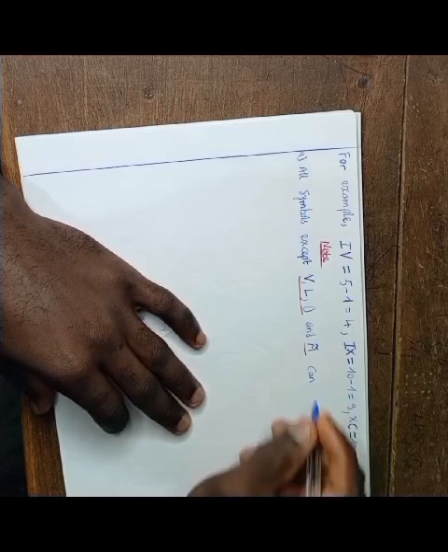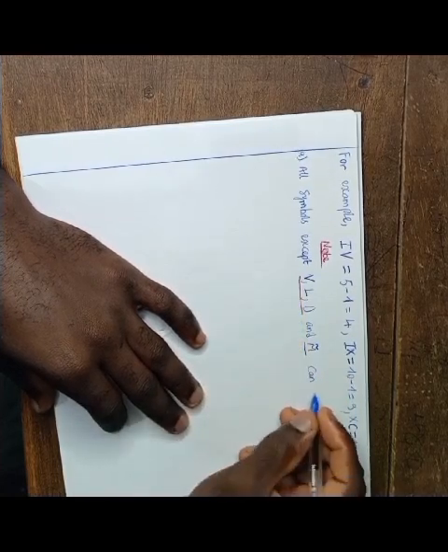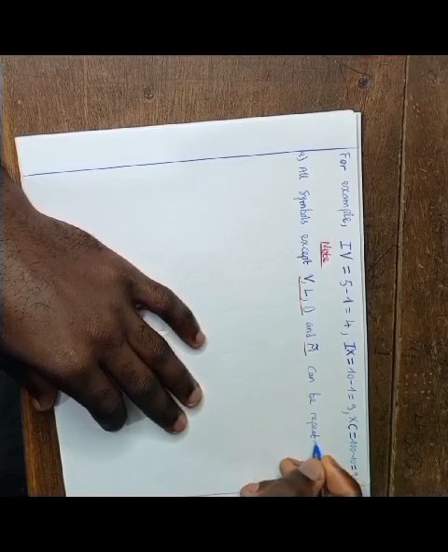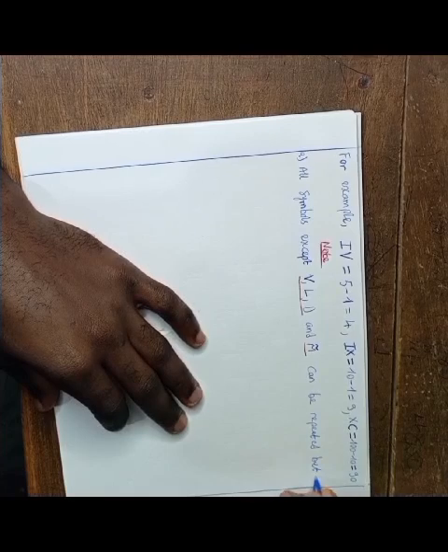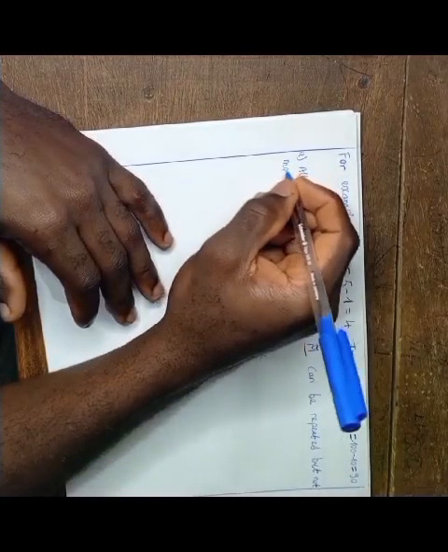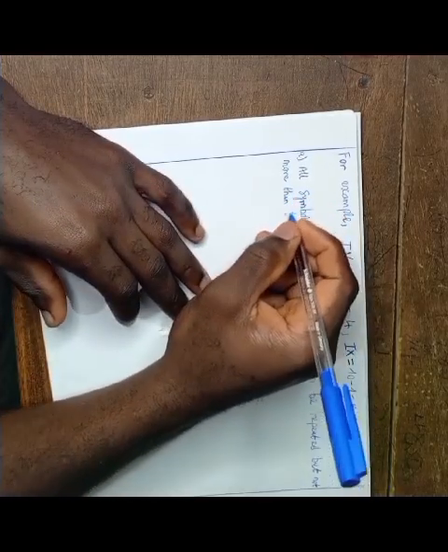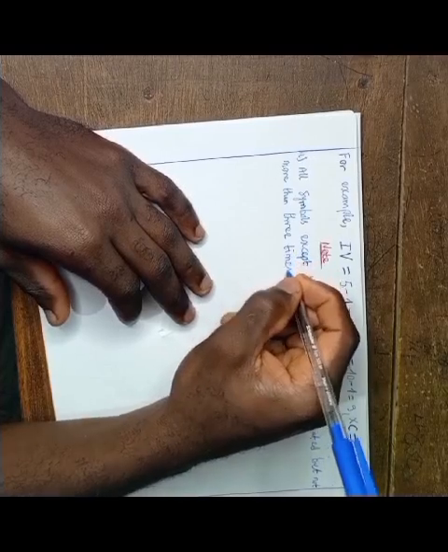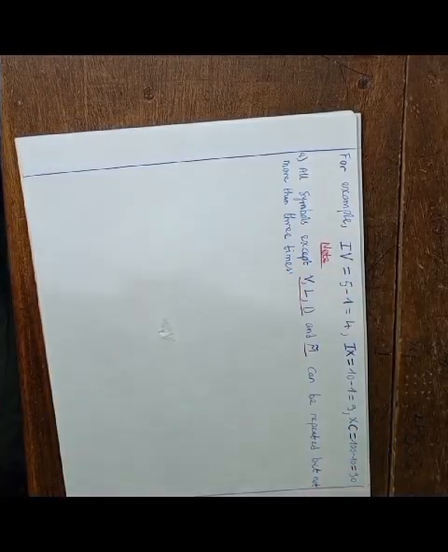All symbols except these ones can be repeated, but not more than 3 times. That means we can repeat all the other symbols.